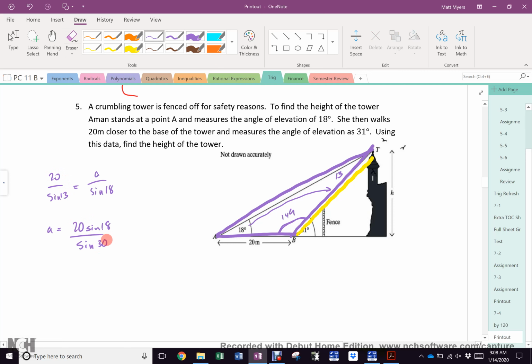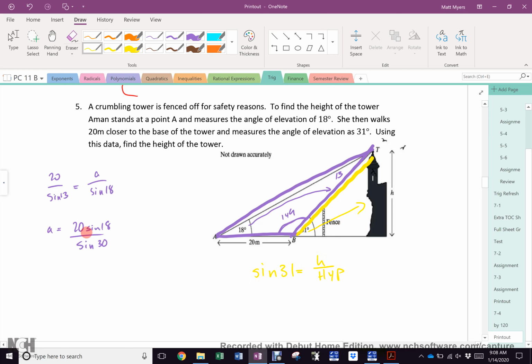Now, stop for a second. That A is this yellow number, yes? Over in the yellow triangle, I need the opposite of 31, yes? So sine 31 equals the height I need over the hypotenuse, yes?